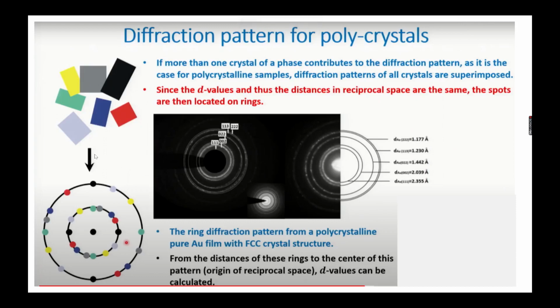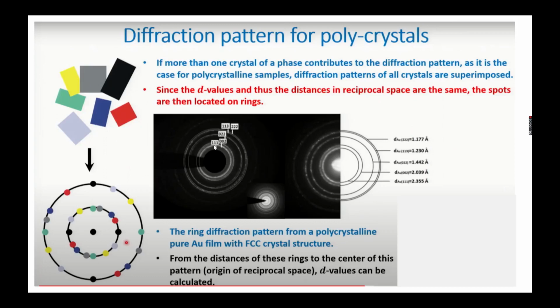But here, since there is a superimposition of different crystals, diffraction will occur from each crystal. Since the d value and the distance in reciprocal space are the same, the spots are located on rings. So it will create this kind of pattern, which looks like a ring.